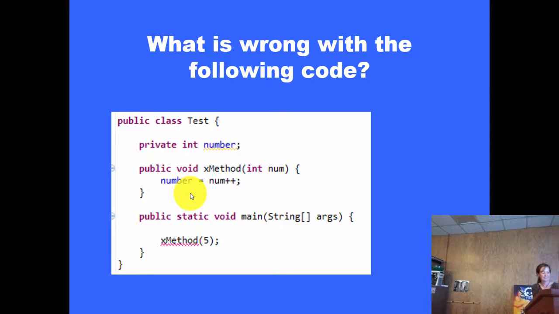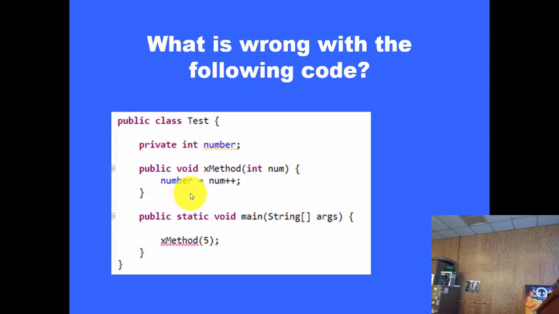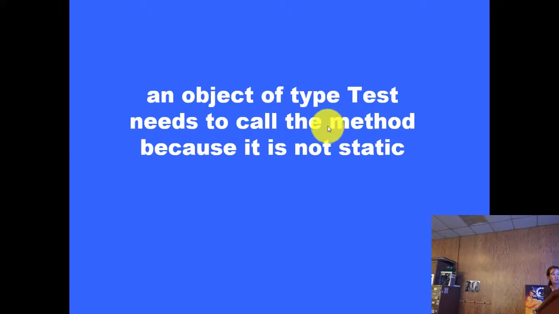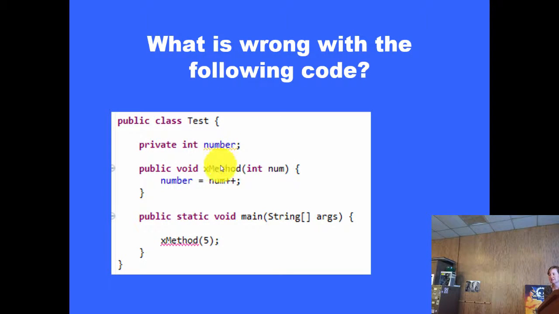Alright, so good. An object of type Test needs to call that method because it's not static, and because it uses instance variables, it can't be static, right? Yeah, if it uses an instance variable, you can't make it static because it doesn't make sense to use an instance variable of an object that's not there.